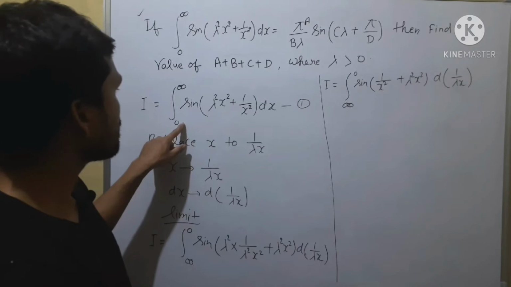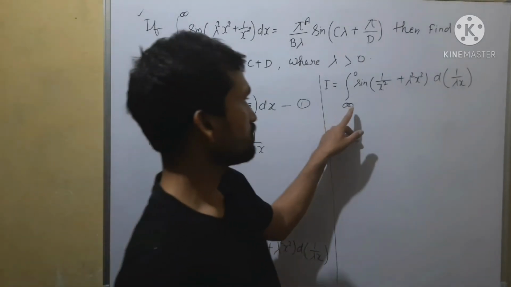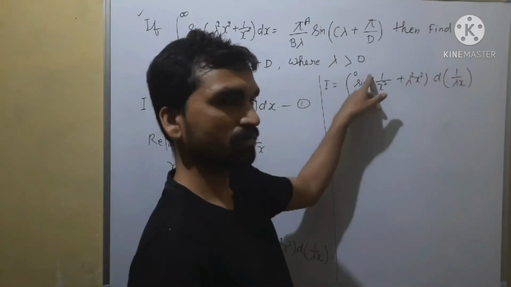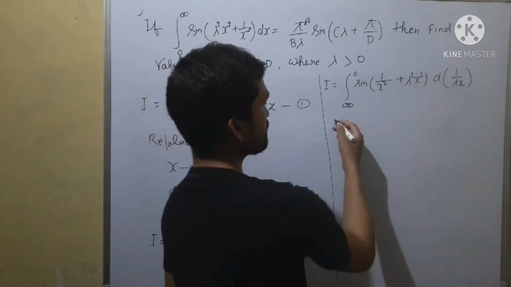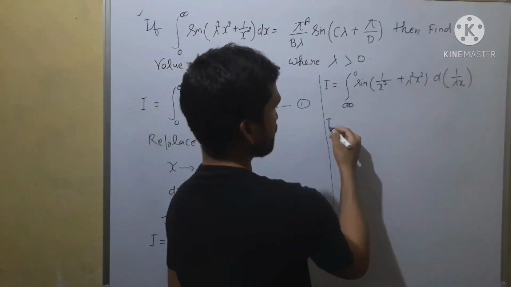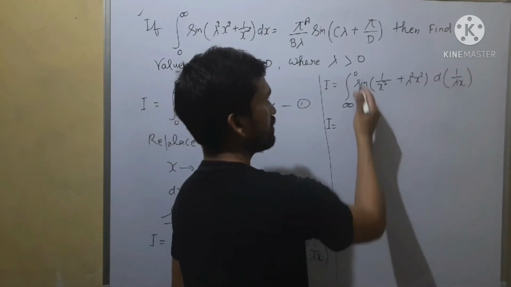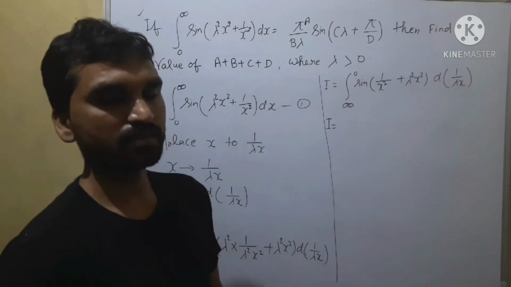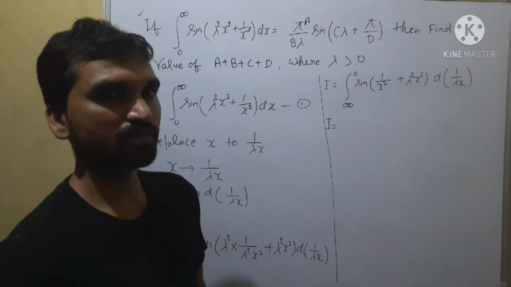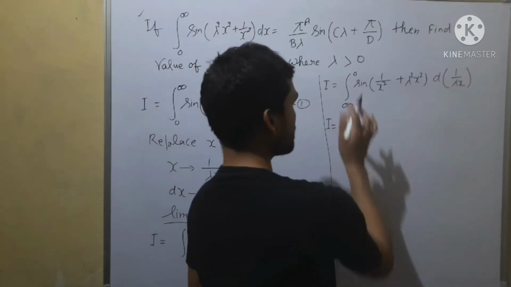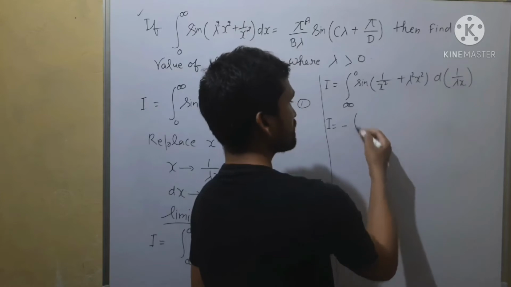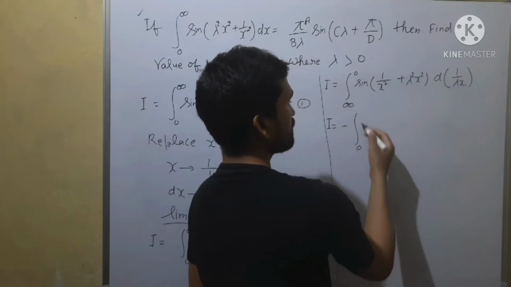Okay, because here our limit is 0 to infinity, we will interchange these two limits. So after interchanging limits, the sign of the integration will be inverted. So here it is plus, then after interchanging the limit it will be minus.